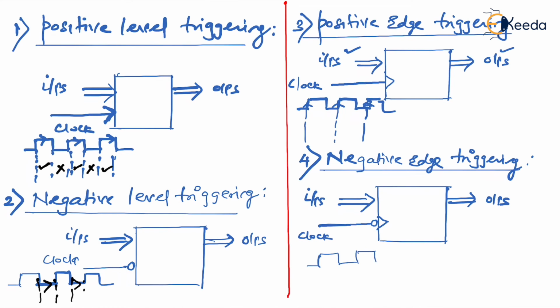What does that mean? I am drawing a clock here. So even though inputs are given, outputs are changed only during negative edges, only when the clock is falling from 1 to 0. Only during that instant your inputs are taken and then reflected into output. So such a device which reacts to the inputs only when there are falling edges at the clock is called a negative edge triggered device.